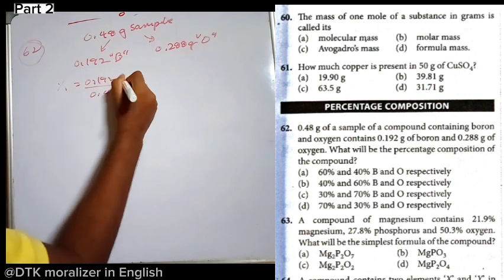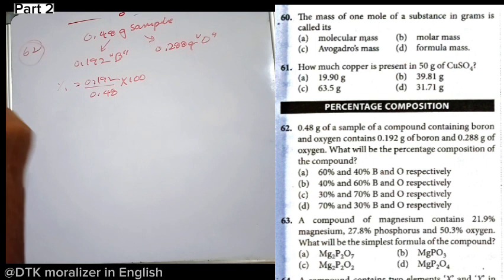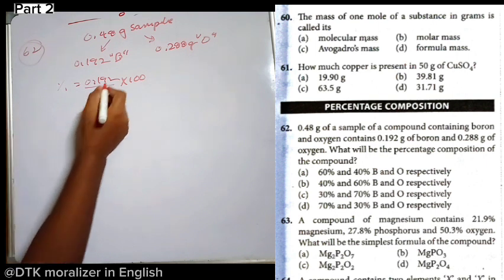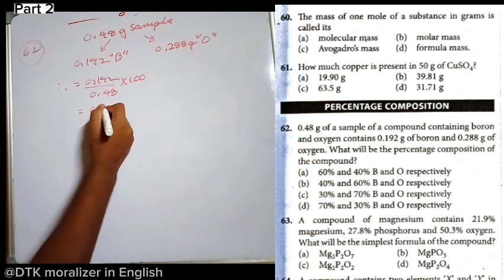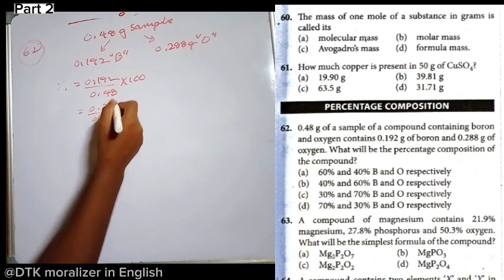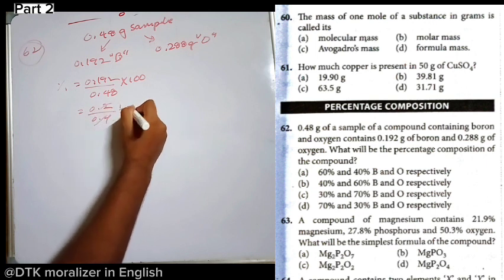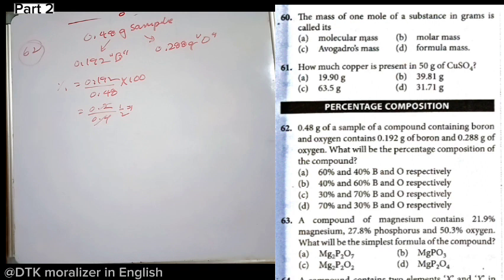Here, mass of component by mass of substance into 100 gives the percentage composition. Mass percentage is also like this. Here the answer comes out like this.